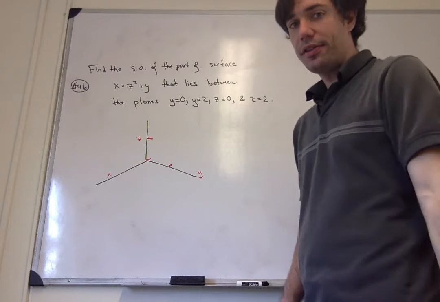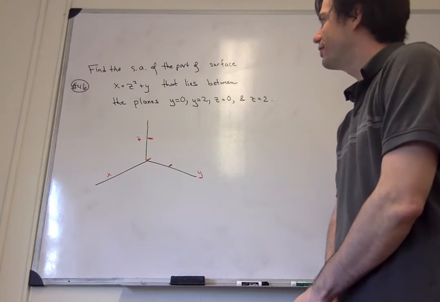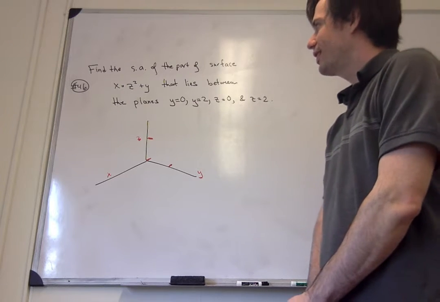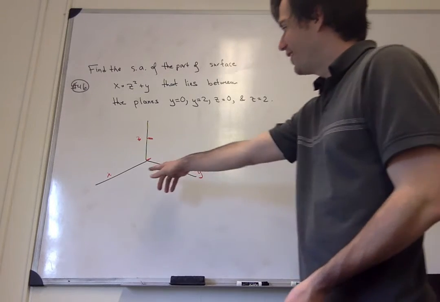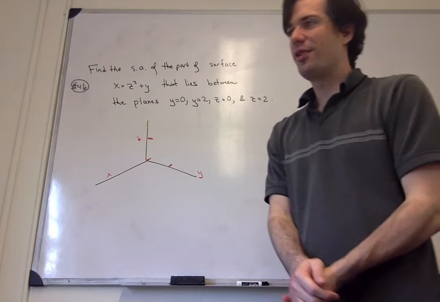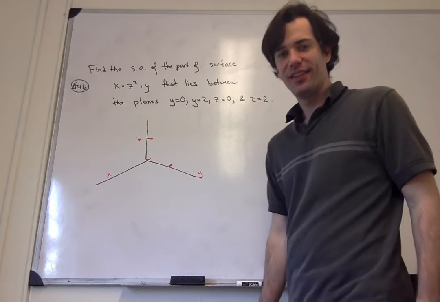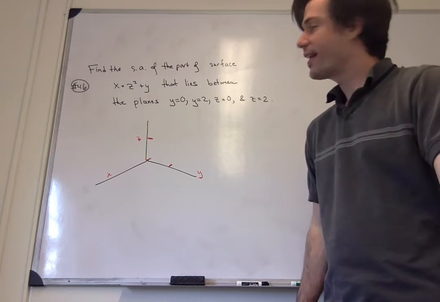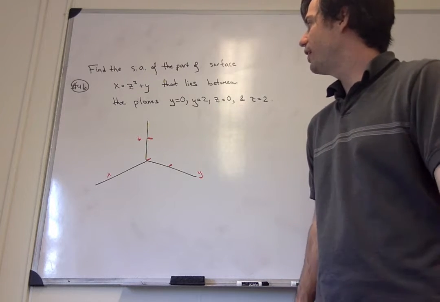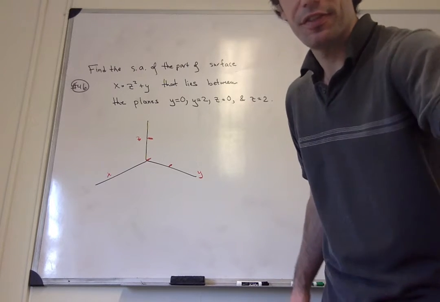Okay, so this might throw you off, right? Because our domain is no longer x and y. It's y and z, and our function is not a function of x and y.